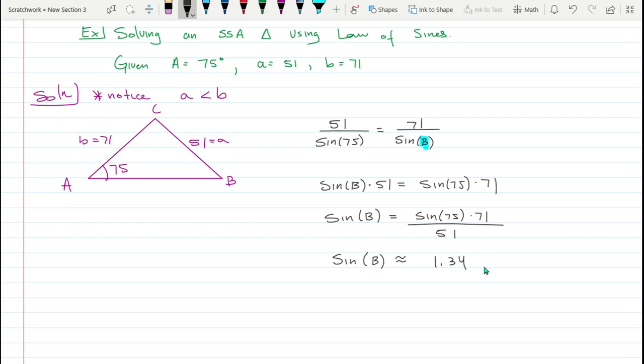So pretty much no solution. There's no triangle for that, okay? And that's it.